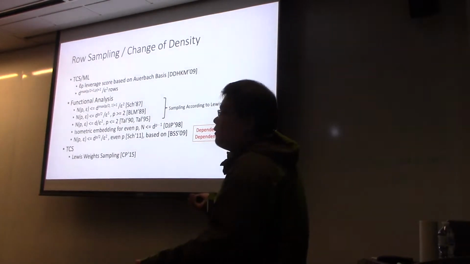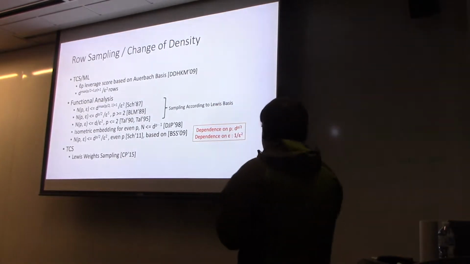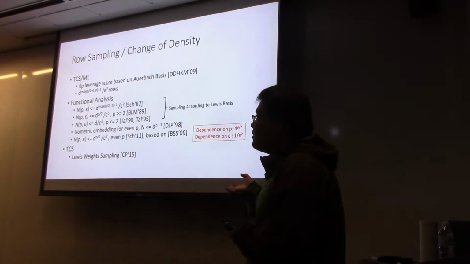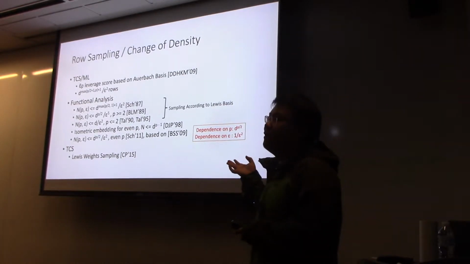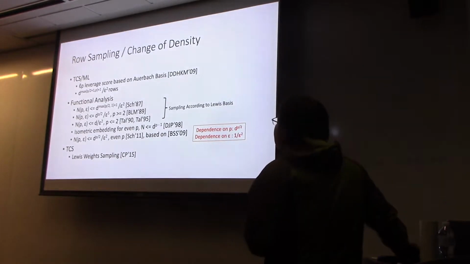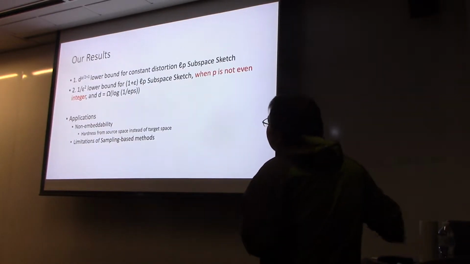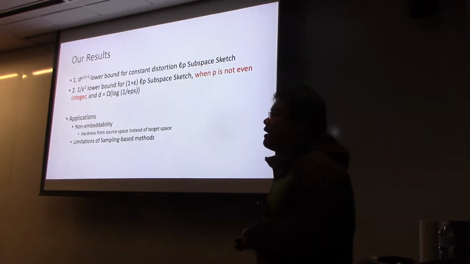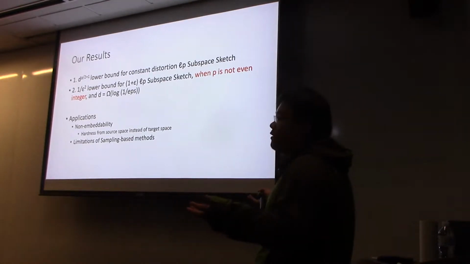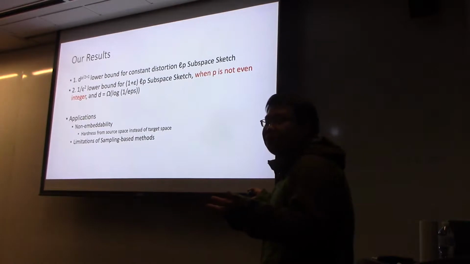I need an extra d factor because SA is a d to the p over 2 by d matrix. So the total number of entries is d to the p over 2 plus 1, right? Okay. So this means that this d to the p over 2 plus 1 lower bound is actually tight even if you just use subspace embeddings.